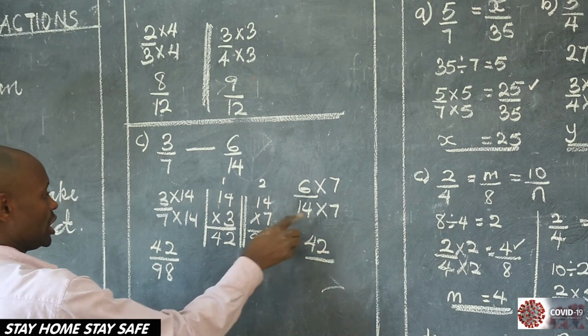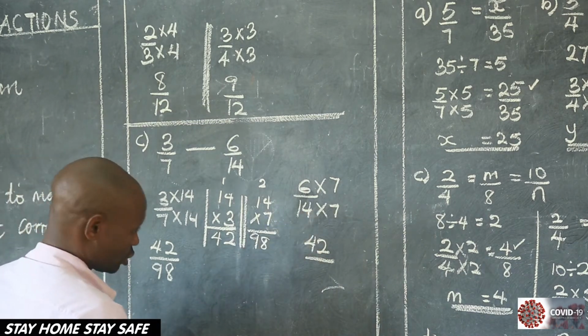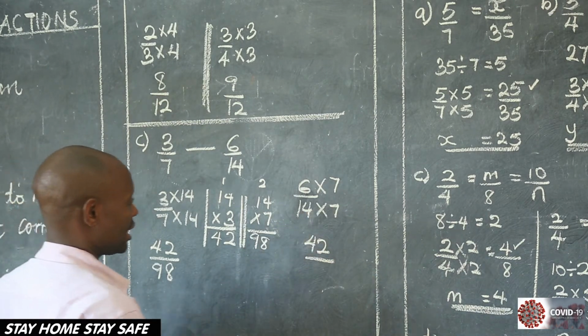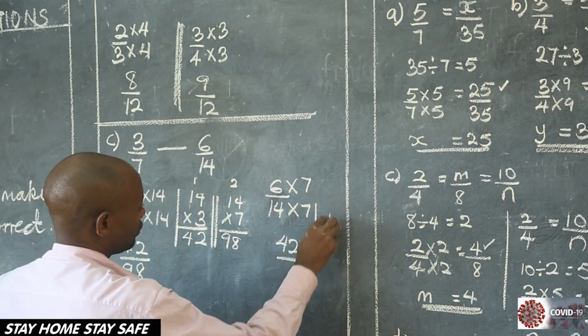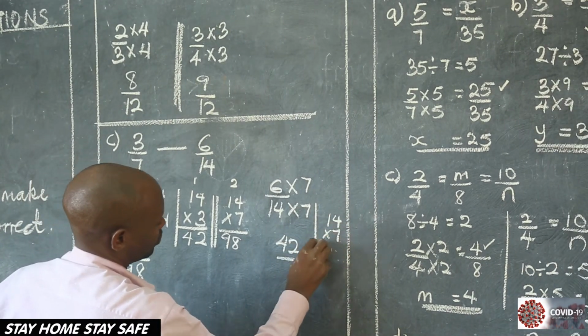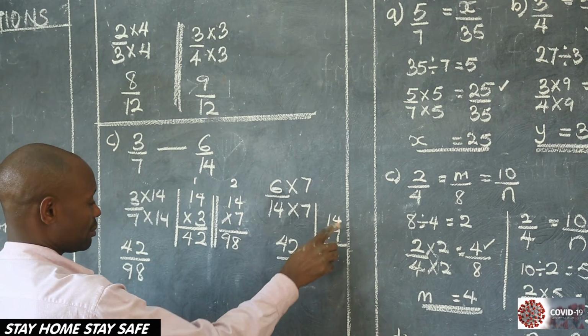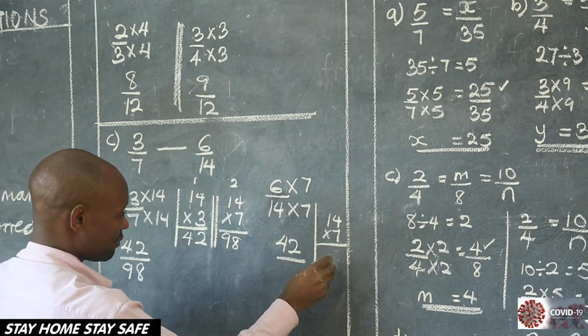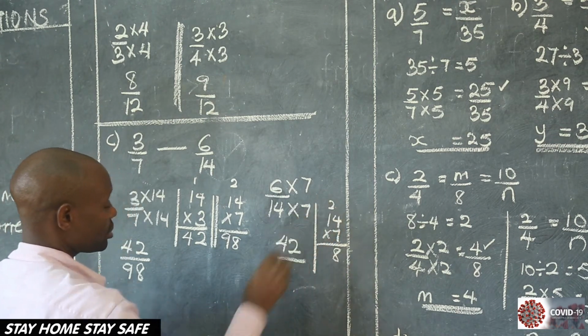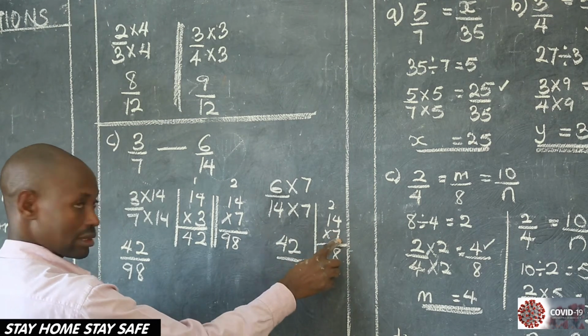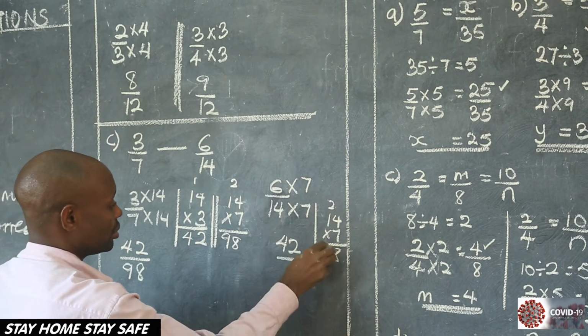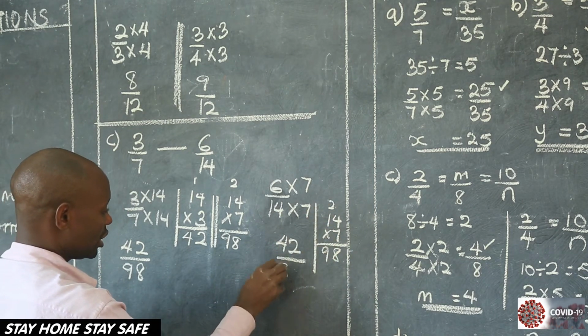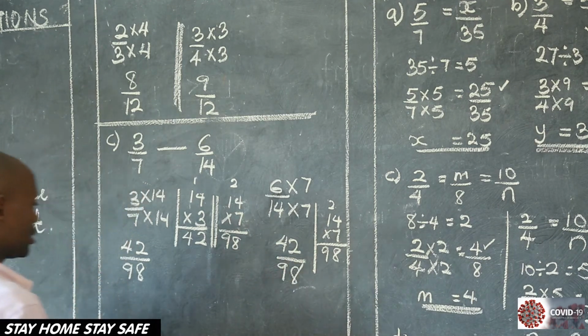Out of 14 times 7, you need to multiply vertically and get the answer. 4 times 7, we get 28, we carry 2. 1 times 7, that is 7 plus 2, 9. So we are getting out of 98.